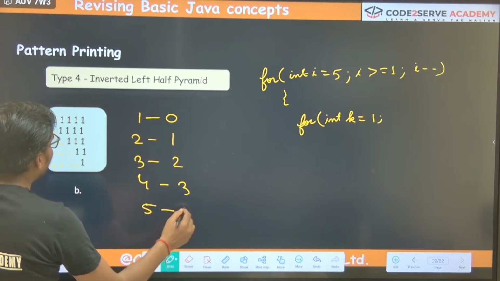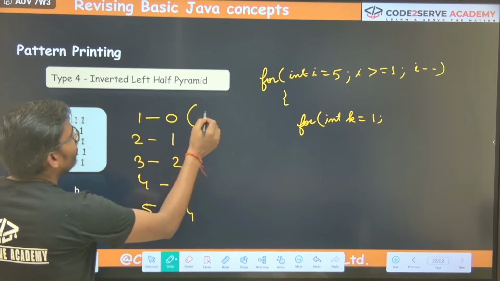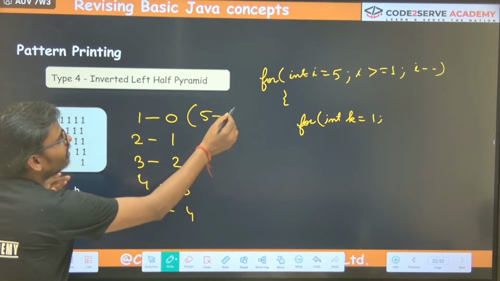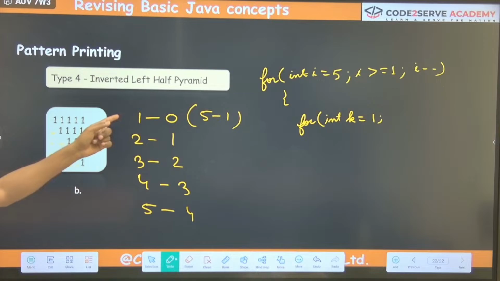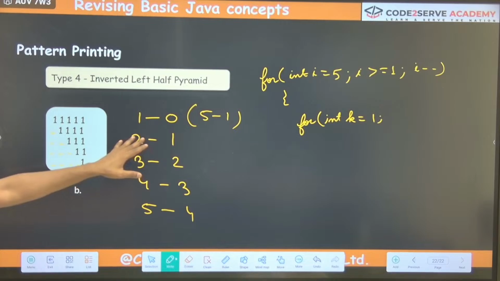For row number 5 we need 4 white spaces. So what could be the logic over here? Somebody is telling 5 minus i. If you build 5 minus i, your 5 is the total row number, and you minus i, in this case it will become 4. Sorry, it is becoming 4, but you need 0 over here.